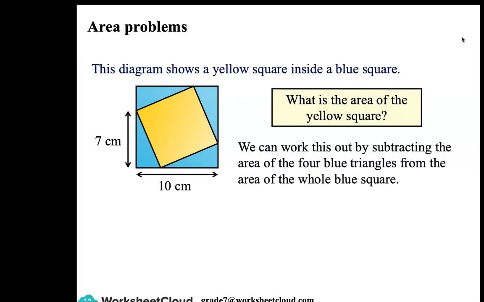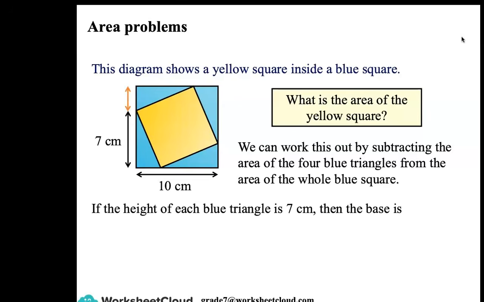So we can work out the area of the triangles because we know that the height of each blue triangle is 7 centimeters. Then we know that the base is going to be 3 centimeters based on the information I've just shown you on the screen.